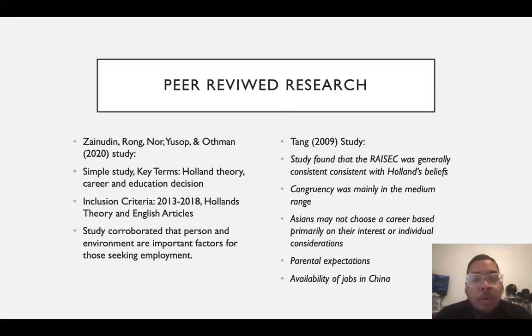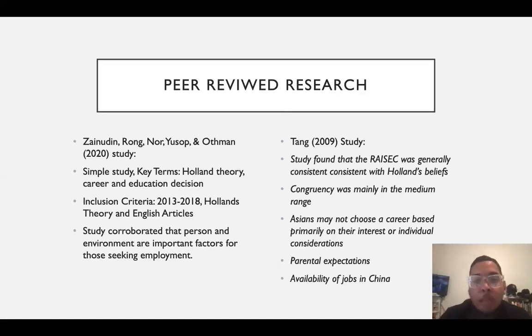With the population, they did find consistencies with RIASEC with the Chinese demographic they used. The congruency, for the most part, was in the median range. And remember, as Eve explained earlier, that congruency is basically finding the right vocational personality with the right environment.